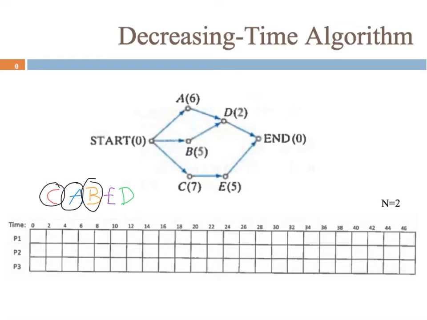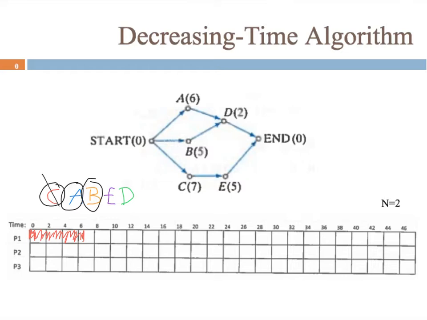Okay, I've color coded these again, so C will be red. Now we have two processors, so C is going to take 7 hours. I'm going to shade all the way up here to 7 hours.